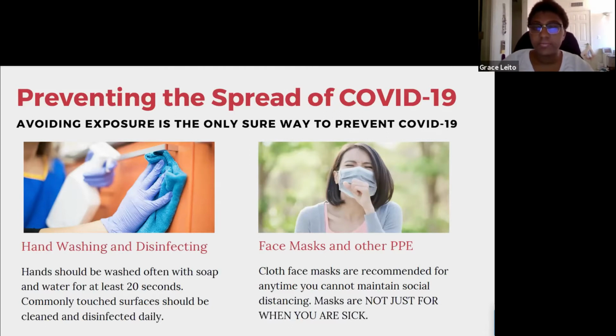So I have a cloth mask with me, and this is usually how you would put a cloth mask on. This is the one that most people have. You put it around your ears and make sure that there's a seal, and it should fit over the bridge of your nose.